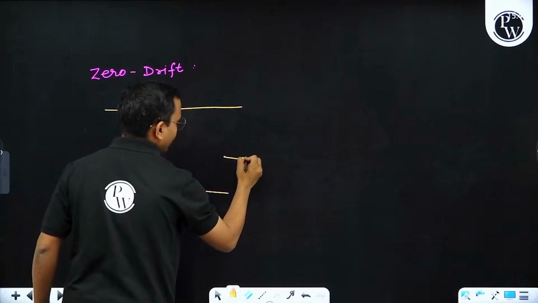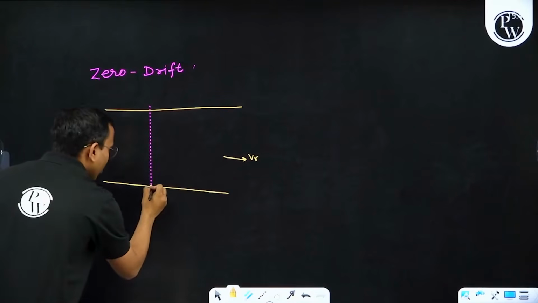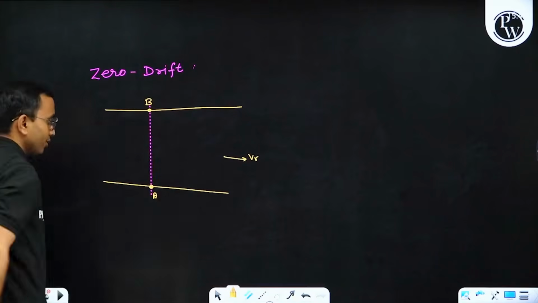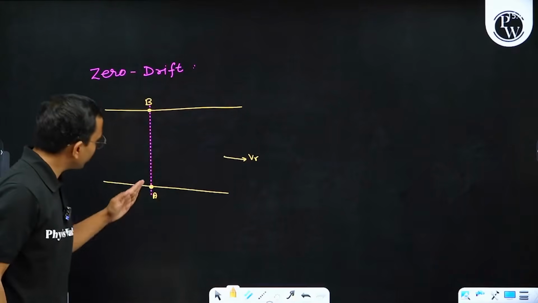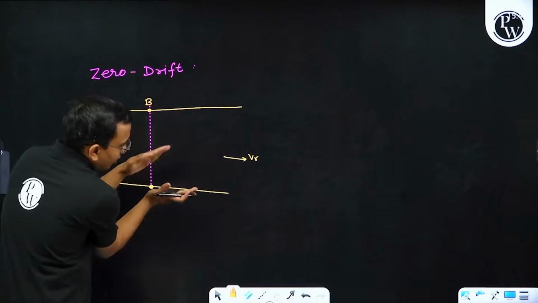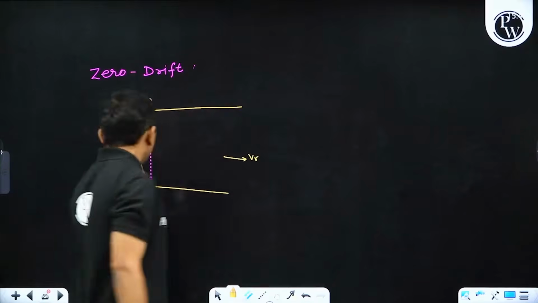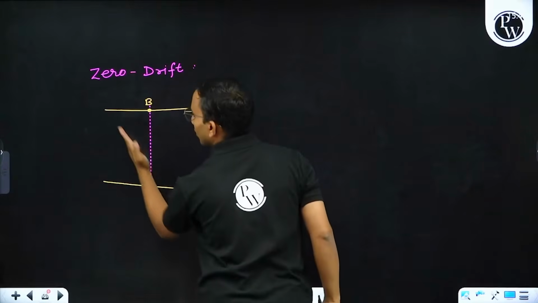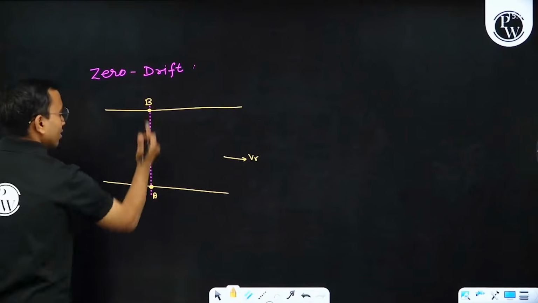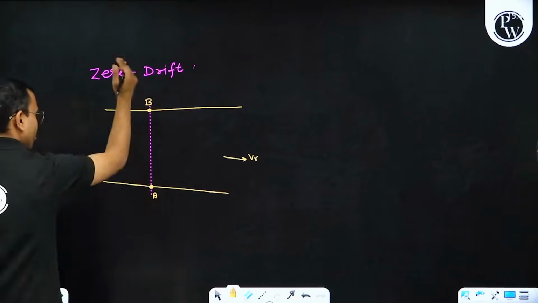This is my V river. Now he wants to start from A and reach B. How should he swim? Should he swim somewhat in this direction? No. If he swims in this direction, this velocity will add up, and he'll move further away. So if he wants to reach B, he should swim somewhat in this direction such that the horizontal component will cancel and he will move from A to B.